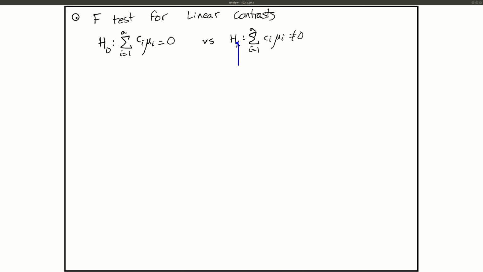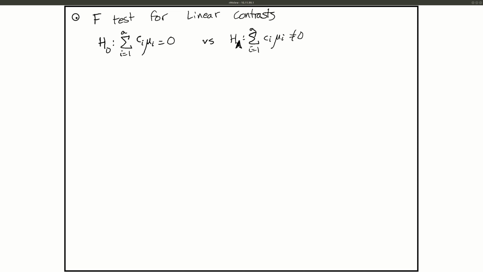Now you might say, well, why are we conducting a hypothesis like this? Because in this case, the hypothesis has to be that the contrast is equal to 0, so it seems more restrictive than the t-test. The answer to that will take us a little bit of time to see.